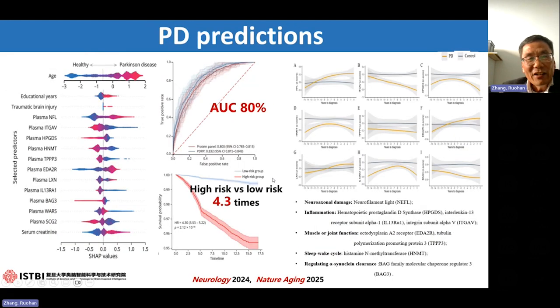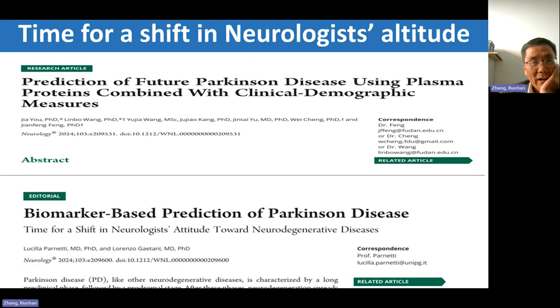After we did this, we developed a similar approach for PD, for depression and so on. For PD, for example, we have a quite similar story published, and I'm very happy to say there was a comment in the journal Neurology: maybe it is time for a shift in neurologists' attitude towards PD.